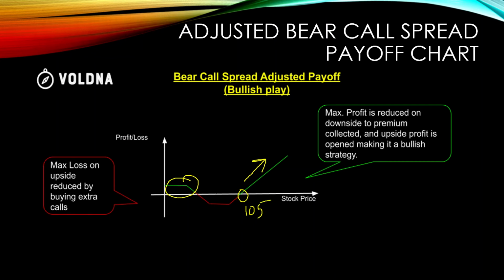This is the adjustment by which you can convert your bear trade into a bullish trade. And you can see in this payoff chart your maximum loss is also limited on the downside. So you can earn on the downside, you can earn on the upside. However, you are playing a bullish trade, so there is more upside profit in this strategy. So this is the first adjustment that one can implement in bear call spreads.